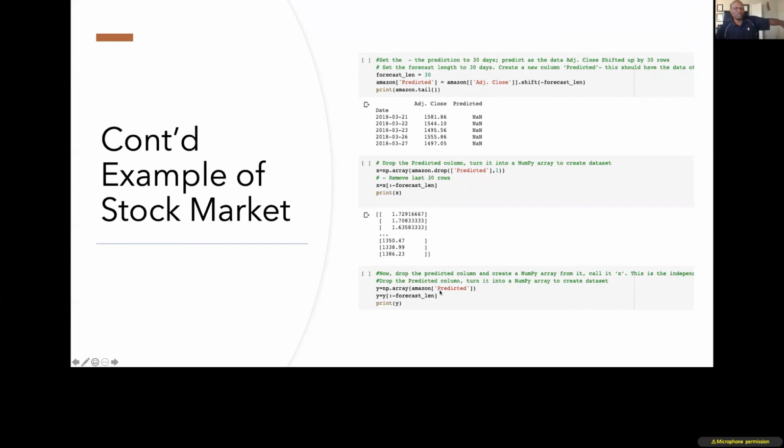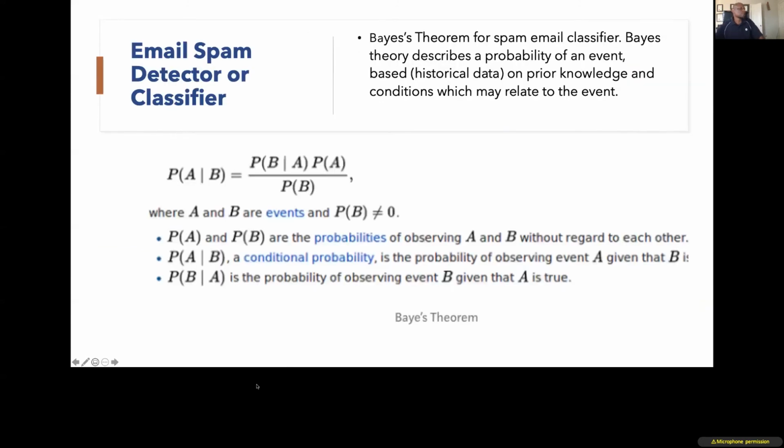And then this is all commented, as in documented, so if somebody was following that, they can follow along with the coding and should be able to see what it's doing. Okay, that's for the stock and the prediction.